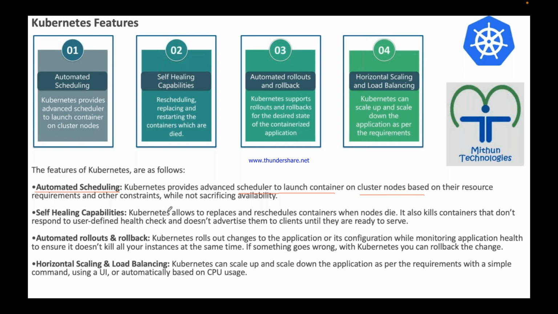So if I want to deploy some image application in the Kubernetes cluster, whom should we contact? The master. Does the master have a scheduler which will schedule the containers on the cluster nodes based on the resources available in the nodes? Yes.